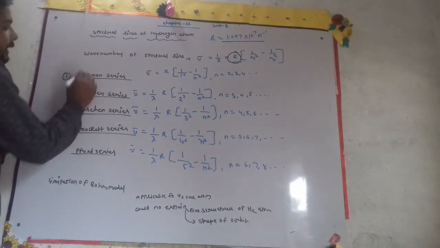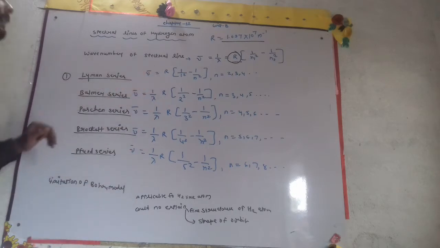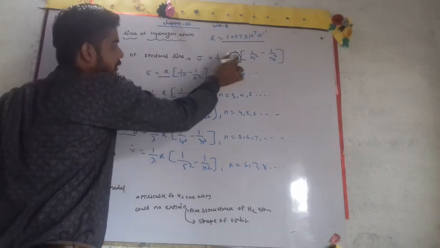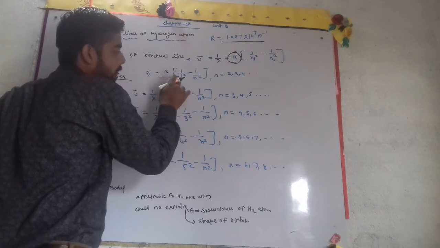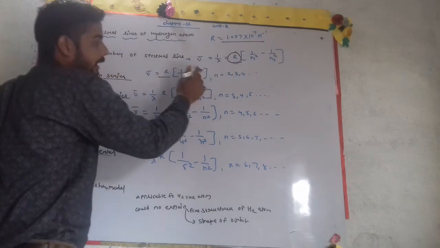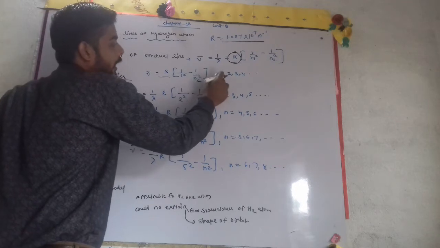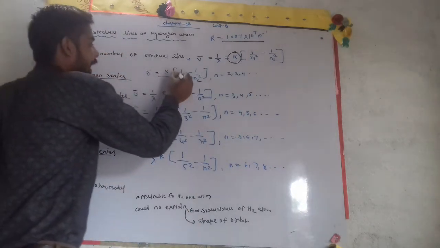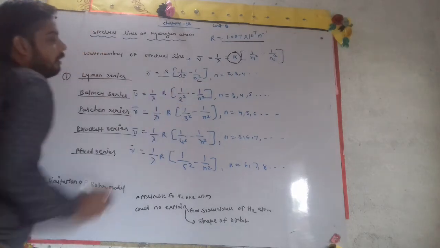First is the Lyman series: nu bar equals R times 1 upon 1 square minus 1 upon n2 square, where n2 equals 2, 3, 4. Because Lyman is the first series, it is 1 square.